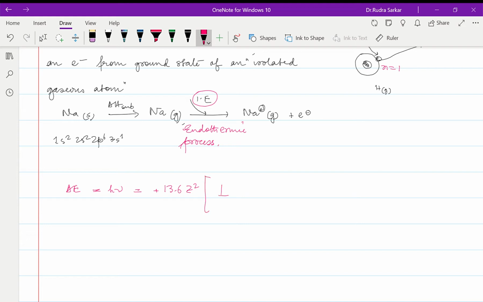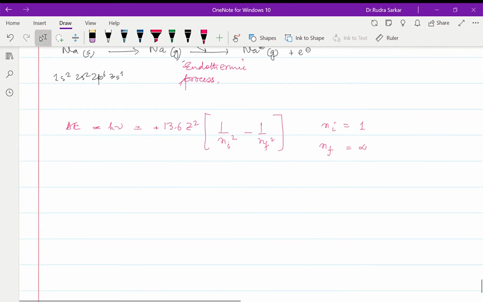And that is what? Ni square by Nf square, where Ni is indicating the energy level 1, and Nf is indicating what? Infinite level, okay? So in this equation, then you can say the value of Z is equal to 1, isn't it?